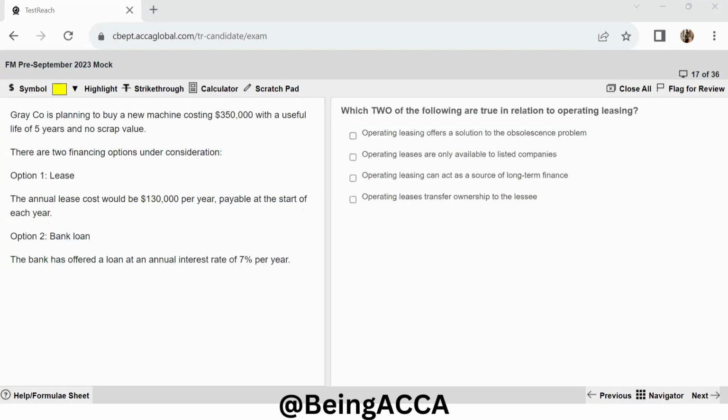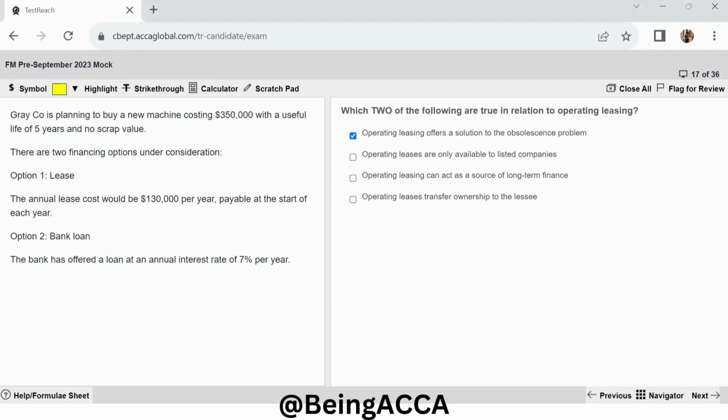Which two of the following are true in relation to operating leasing? So let's read. First of all, please recollect that operating leases are those kinds of leases that will provide you assets for short-term periods, right? So the first thing that we have over here is operating leasing offers a solution to the obsolescence problem. Now, this is absolutely true.